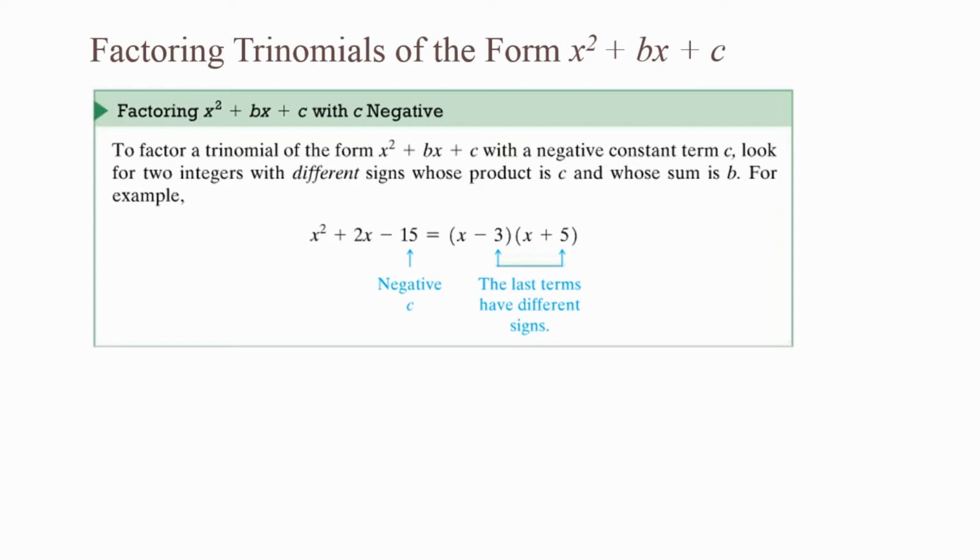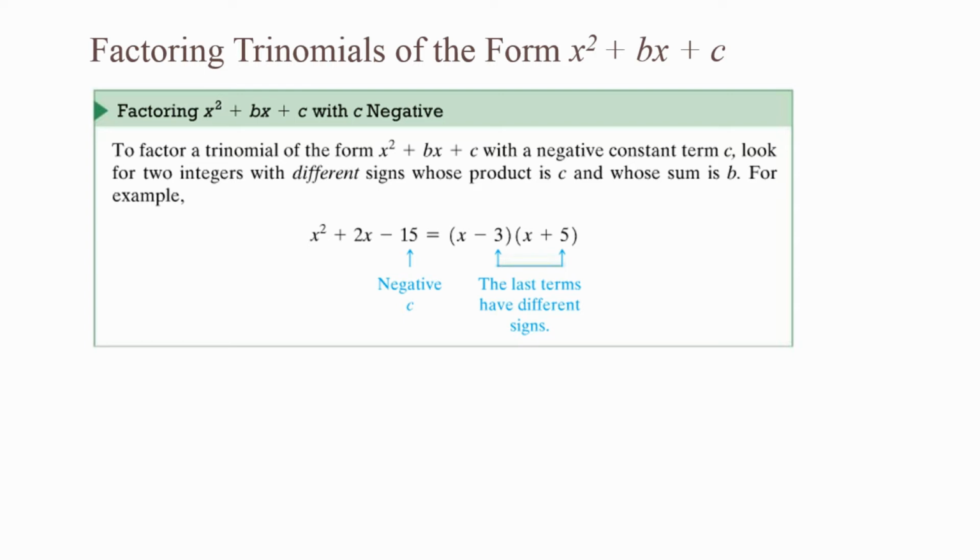Factoring x squared plus bx plus c with c negative. To factor a trinomial in the form of x squared plus bx plus c with a negative constant term c, look for two integers with different signs whose product is c and whose sum is b. For example, x squared plus 2x minus 15, I have a negative c.